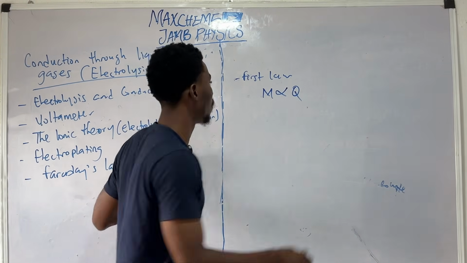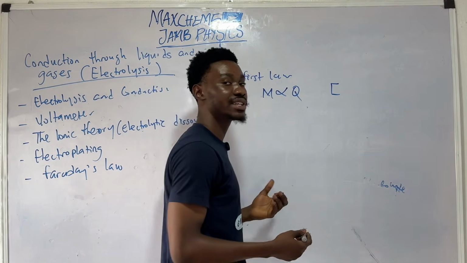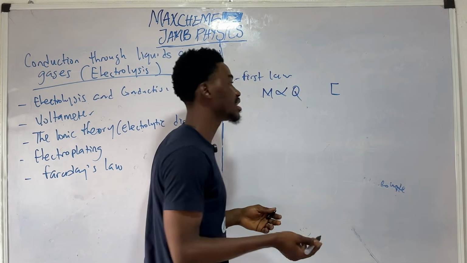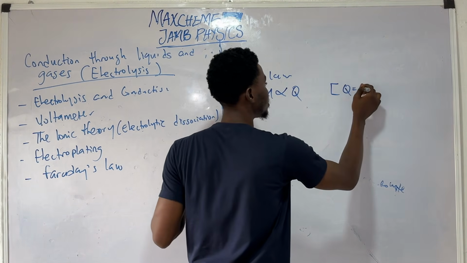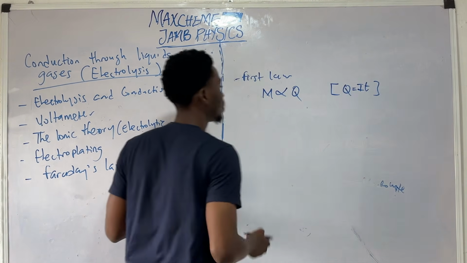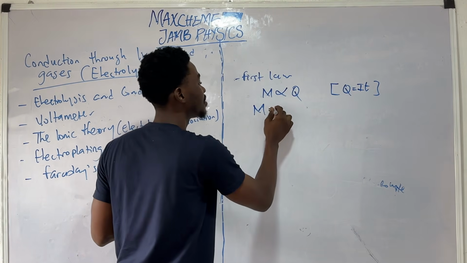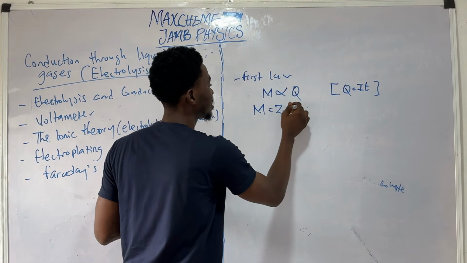Now, if you can recall from our studies on quantity of electricity, electric power, electric energy, we know that the quantity of electricity is the product of the current and the time. Since this is a variation relationship, M can be written as ZIT.